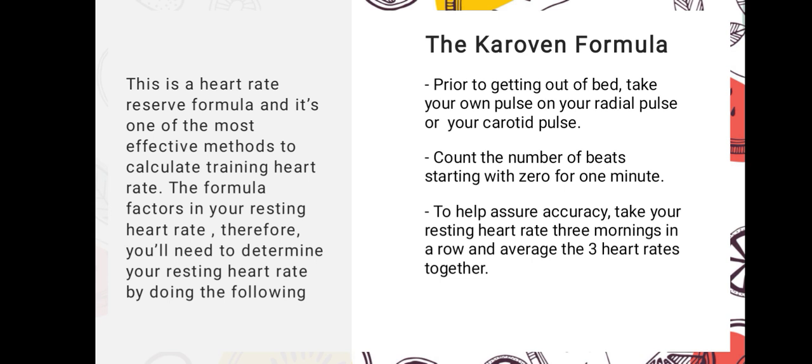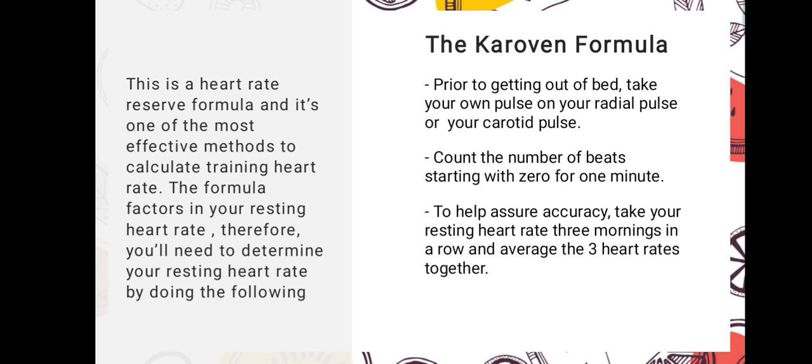Prior to getting out of bed, take your own pulse on your radial pulse or your carotid pulse. Kumbaga, pagkagising mo sa umaga, bagong gising pa lang, kukunin mo na yung pulso mo. Pwede sa wrist or pwede din sa leeg. Next is count the number of beats starting with 0 for 1 minute.